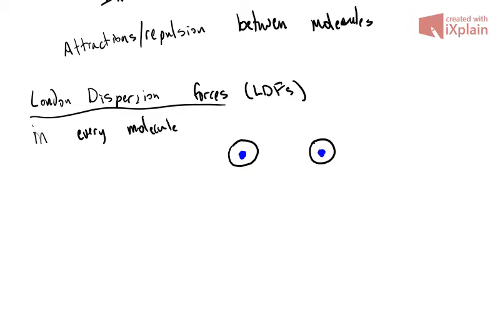They're a good distance apart from each other, but when they start getting closer together, what's going to happen very quickly is that the negative charge of one of these atoms on the outside is going to start to force away the negative charge on the other atom.